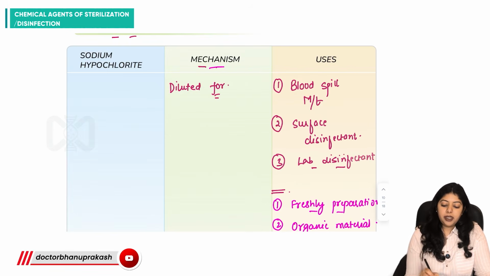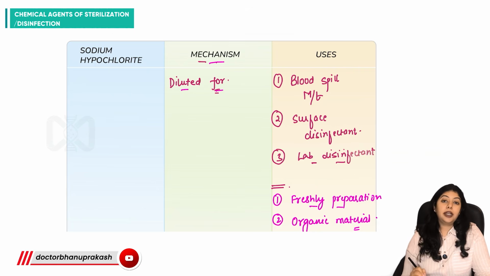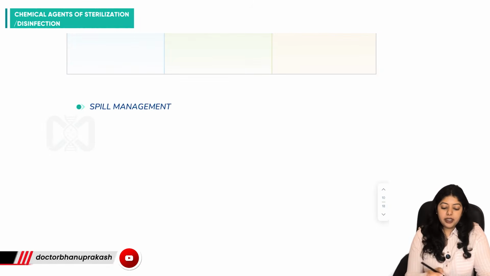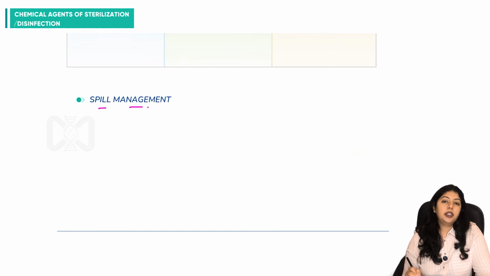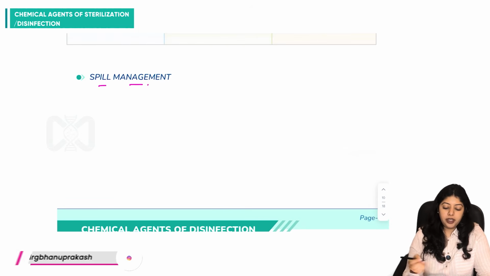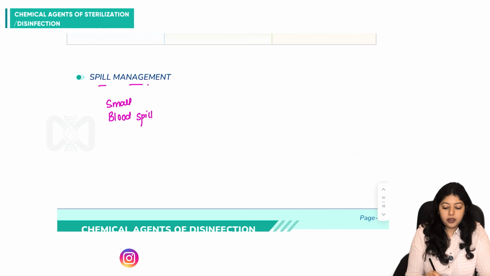And for the mechanism, we have already discussed that it requires certain dilution, right? So what are these dilutions and how is the spill management done with sodium hypochlorite? So if it is a small blood spill, we require a dilution of 0.05%.